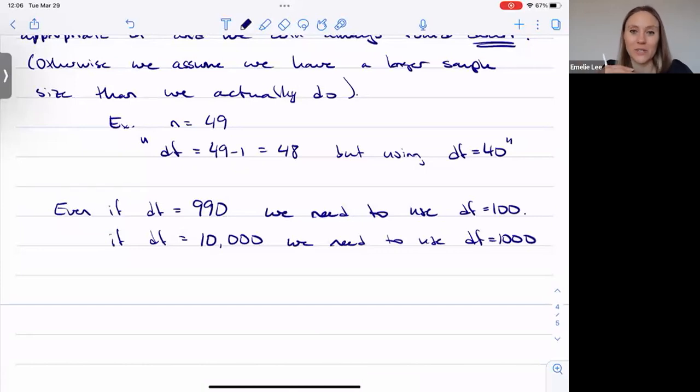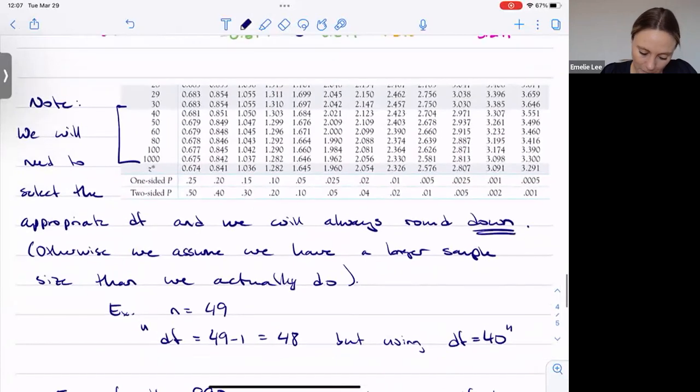But you always round down because otherwise you're assuming that you have a larger sample size than you actually do. Okay. So that's one of the things that is going to be a mark: what degrees of freedom are you using? Are you using the appropriate degrees of freedom? Okay. So let's see here.